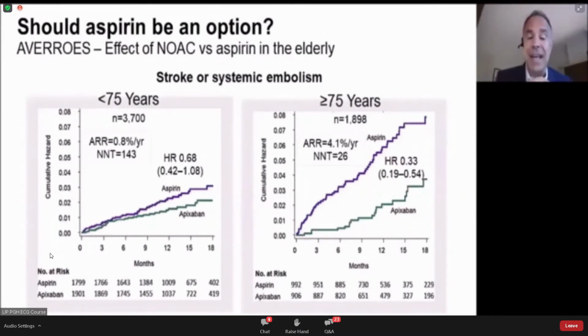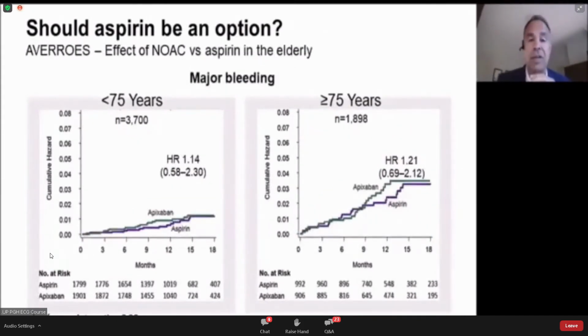So particularly in older individuals, but across a broad spectrum of atrial fibrillation patients, aspirin antiplatelet therapy, unfortunately, is quite inferior to oral anticoagulation therapy, in this case apixaban, in preventing the dreaded complication of atrial fibrillation, stroke, or systemic embolism.